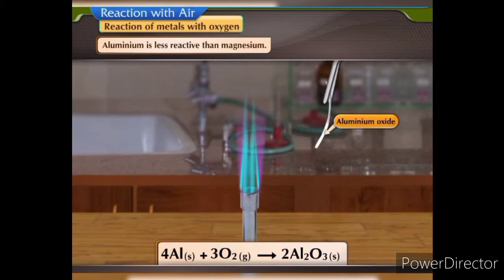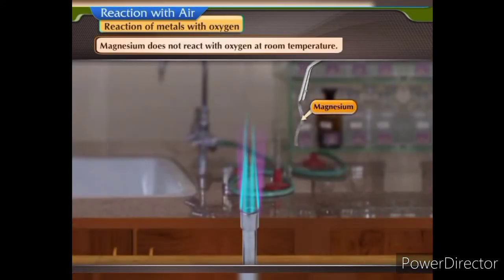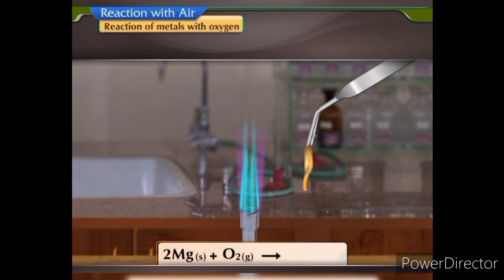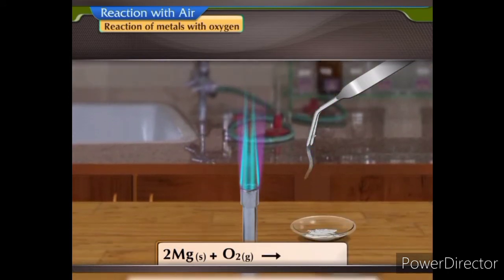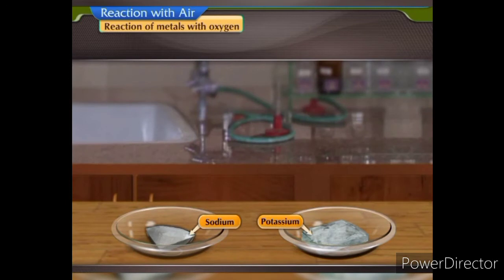It is less reactive than magnesium. Magnesium does not react with oxygen at room temperature. On heating, magnesium reacts with oxygen in air and burns vigorously, producing intense heat and light to form a white powder of magnesium oxide. Sodium and potassium are highly reactive metals.